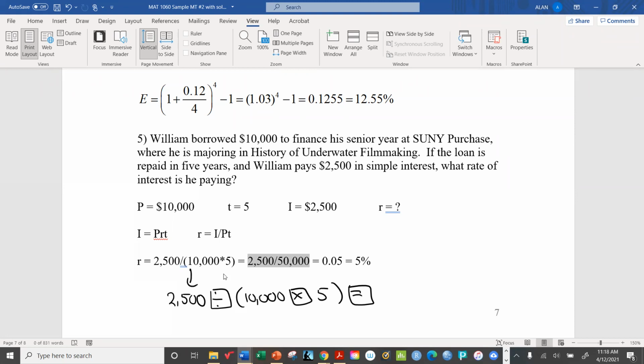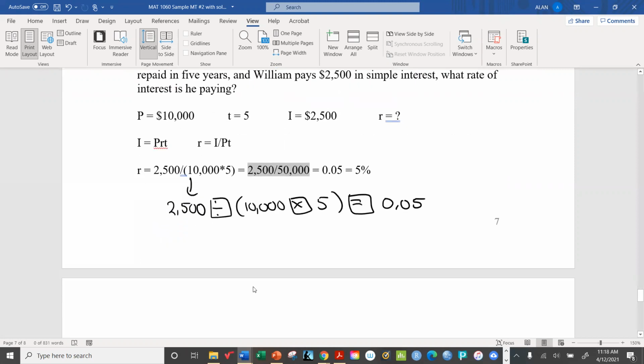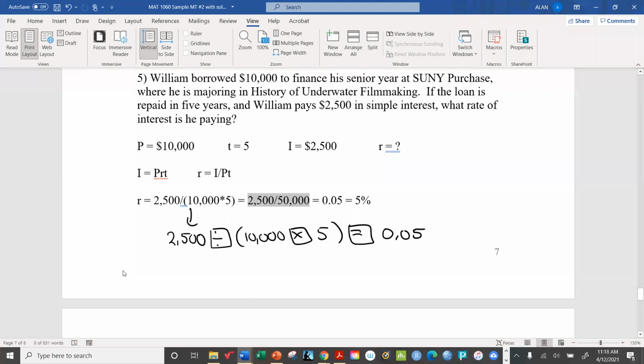Yep, that did it. 0.05. Okay, so the final answer is 5%. He would have borrowed the money at a rate of 5% per year.